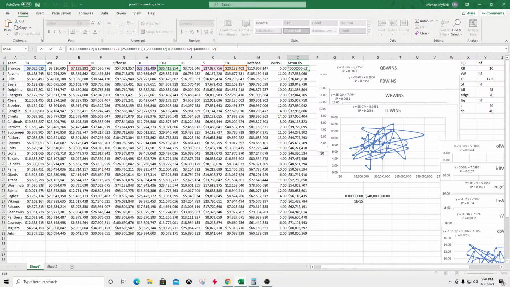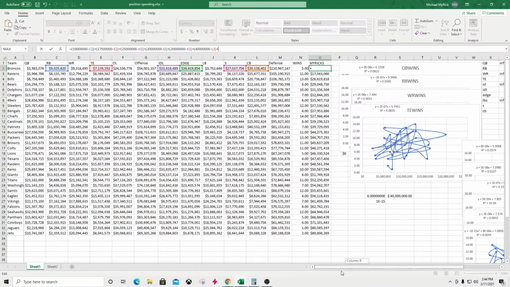And I think if we just did this ghetto, we'd go plus QB, B probably.